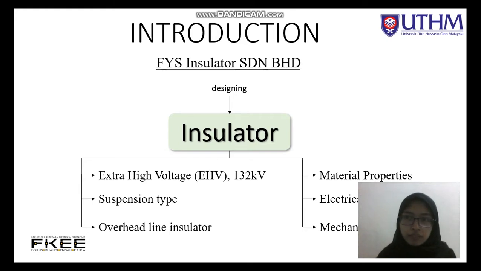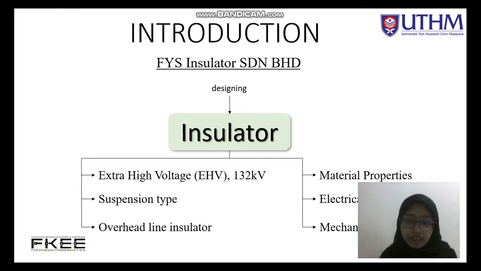There are a lot of materials. Like in an insulator, there are the shed, fittings and core of the insulator. This is so important to ensure that the non-conductive material can resist the current flow.